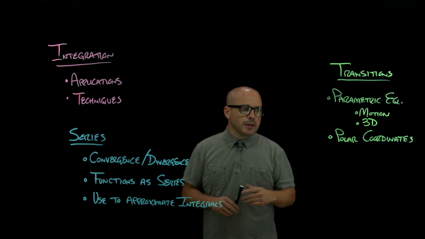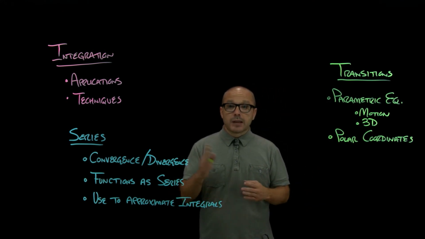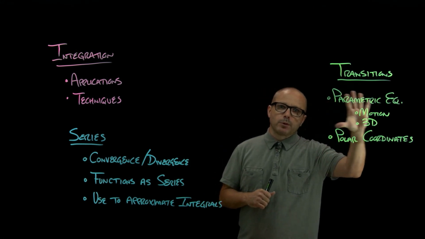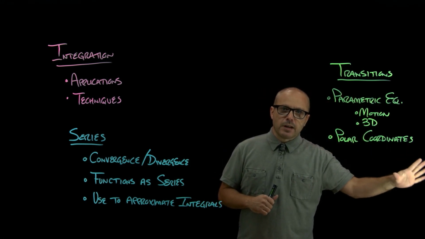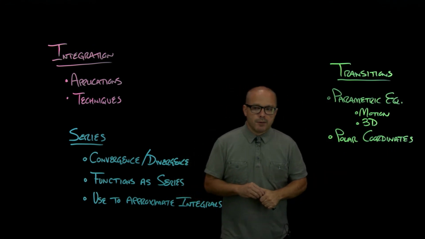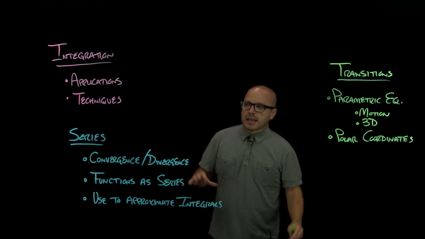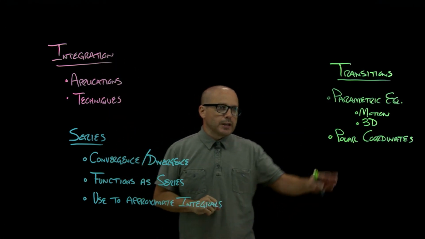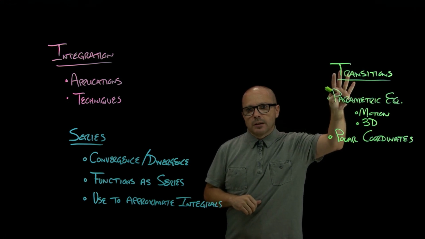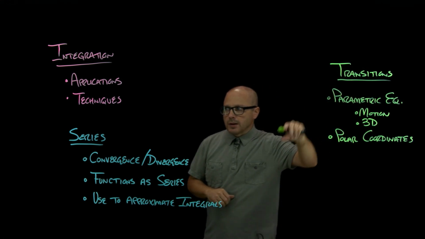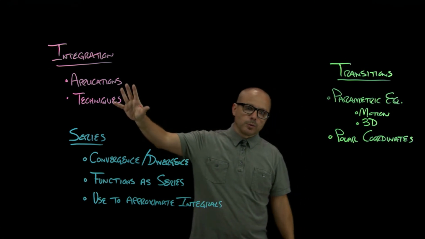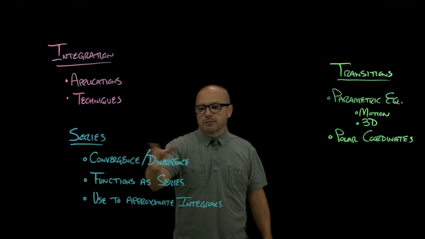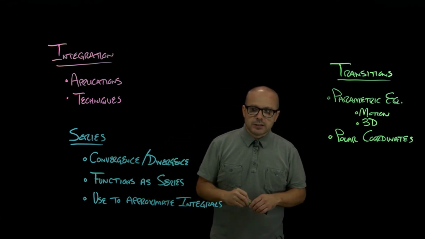This coordinate system, instead of measuring x's and y's, it measures angles and distances. So these last 2 topics will be sort of preparatory, getting us ready for some foundational stuff to get into multivariable calculus. So I would say, as chunks, this is probably 40%, 40%, and 20%. This last bit, the transition stuff, is a smaller bit of what we're doing. The main thrust of the course will be doing integration and determining convergence and divergence of series.